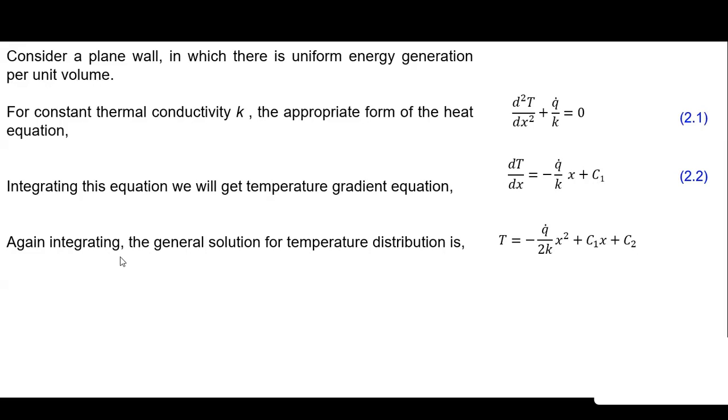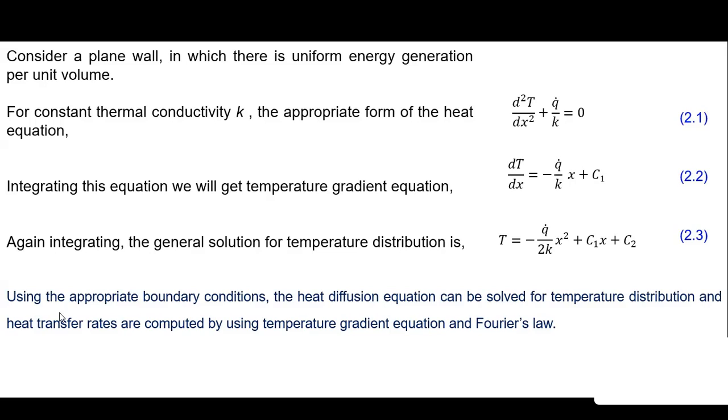Then in order to find the temperature at any point within the plane wall, we need the values of C1 and C2. Now, in order to get these values of C1 and C2, we have to use appropriate boundary conditions. It may be a known temperature boundary condition, a known flux boundary condition, a convective boundary condition, symmetrical boundary conditions, insulated wall boundary conditions, or a radiative type of boundary condition.